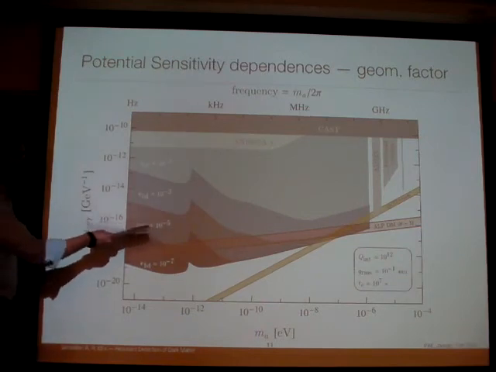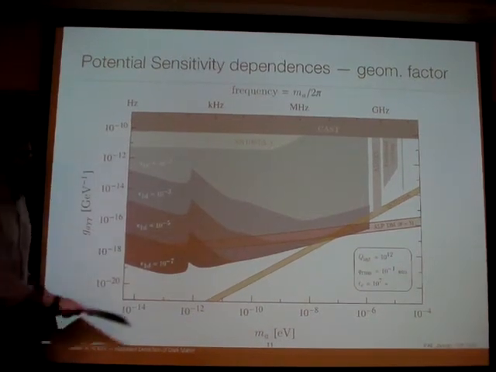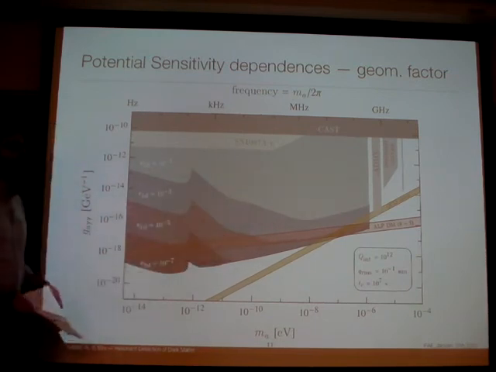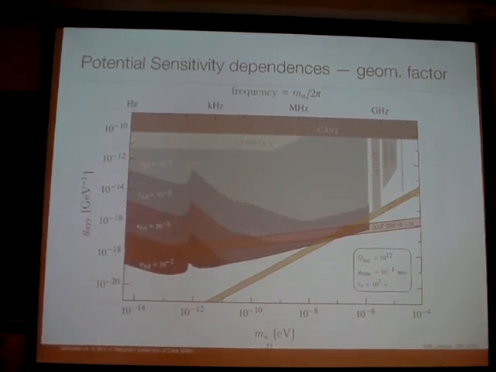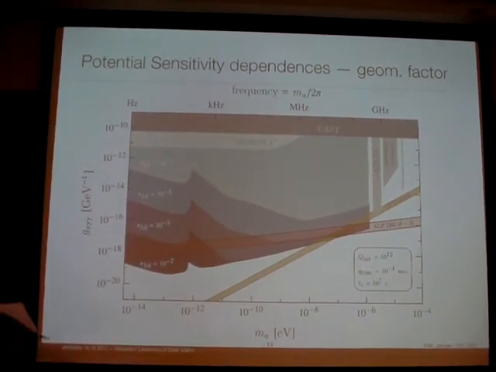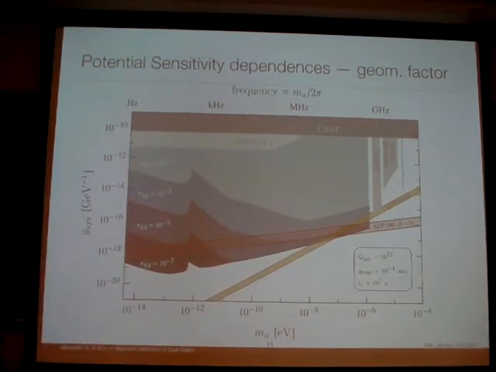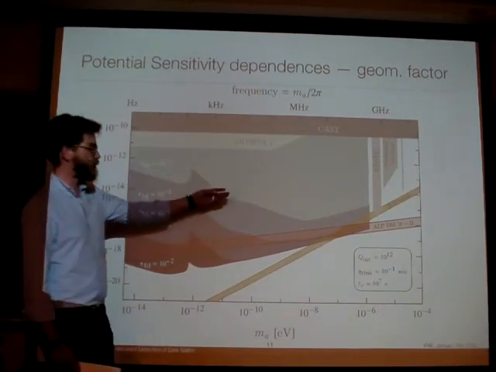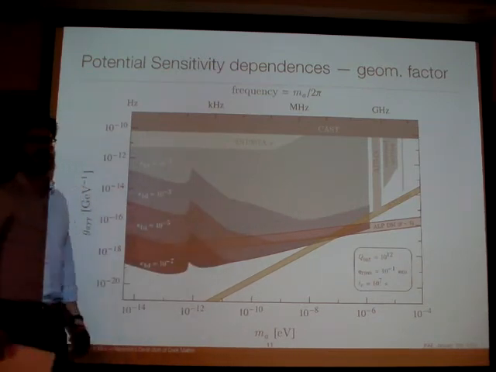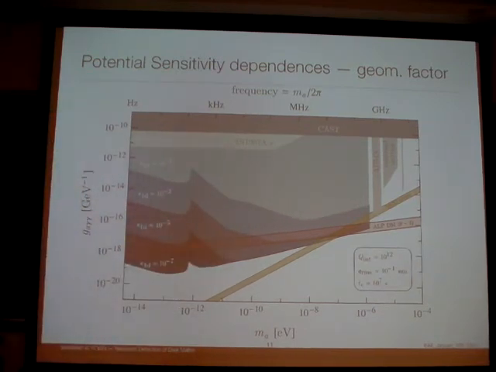If you have 10 to the minus 5, you have this line where at high axion masses, since you're not mechanical nor phase noise limited, it has a marginal impact. But eventually, as you get to too large a geometric lack of control, you start to lose reach even at high axion masses.